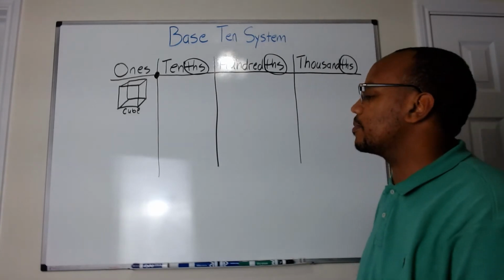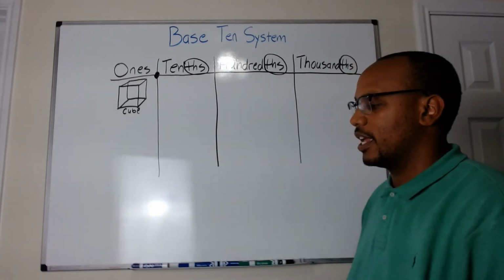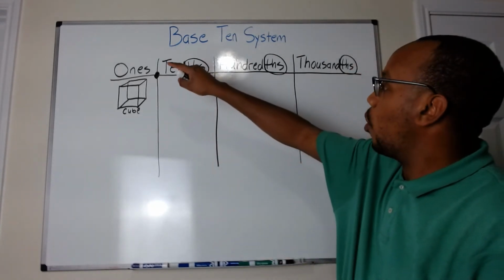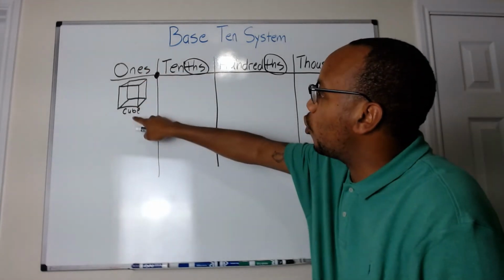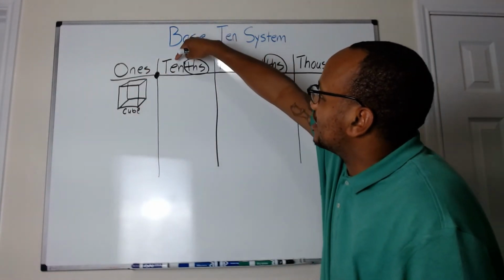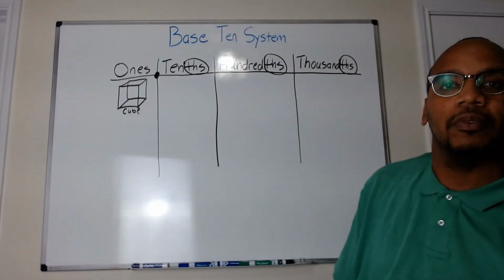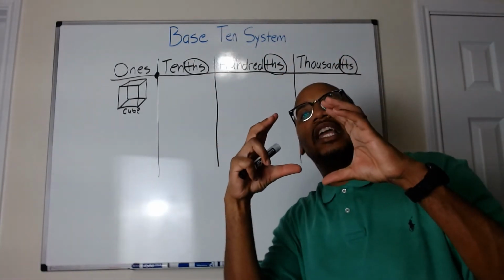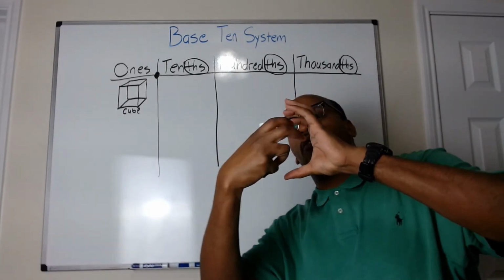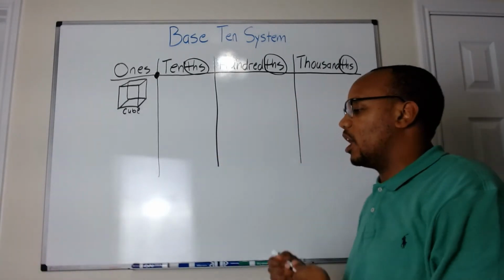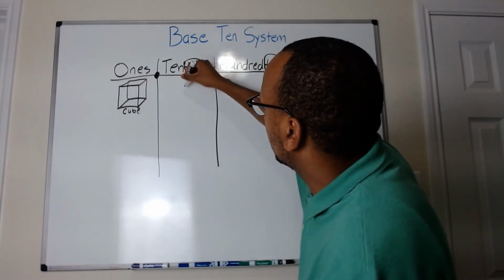So if the cube represents the ones place, and I take one whole cube and break it into 10 parts. Now think about having a 3D cube, and taking that big old block and breaking off 10 parts.